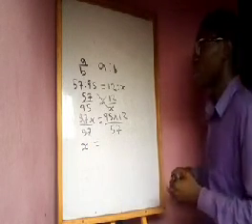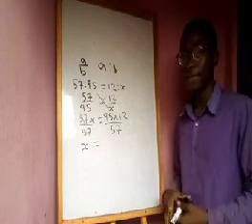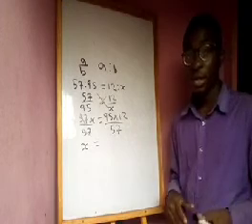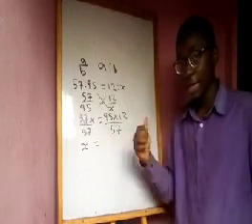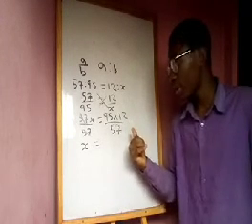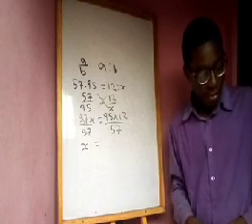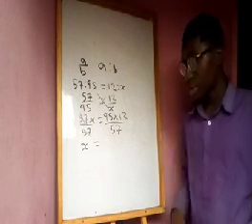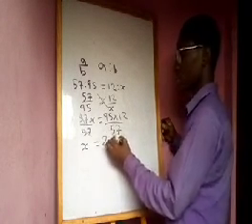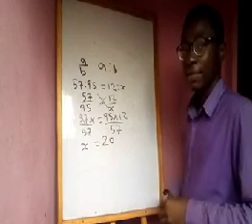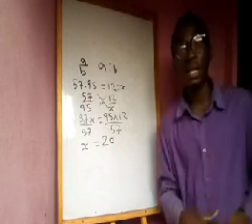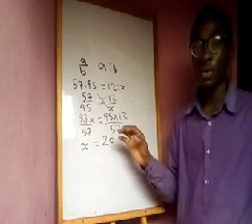So x equals 95 times 12 divided by 57. What did you get in your calculator? My answer here is 20. So you've calculated the value of x as 20. That is one method of solving this kind of question.